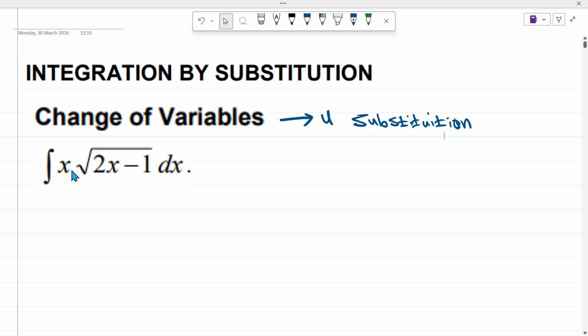So the first thing that we need to do in integration is to simplify before we can apply any rule. You have to think of simplifying before you can apply any rule. It could be integration by parts, U substitution, or any other rule of integration.